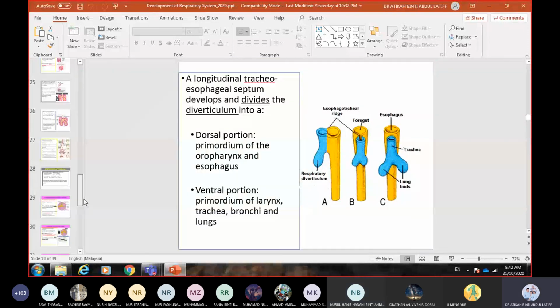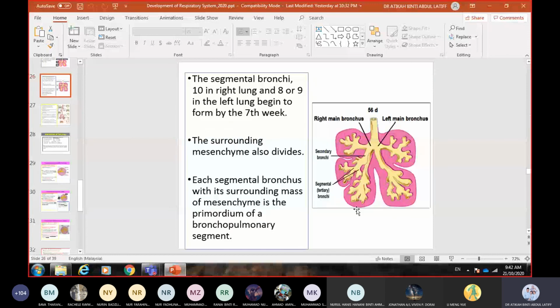It's because of the heart. On the left side you have the heart here, so you cannot afford to have a big lung as compared to the right side. On the right you don't have the heart, so you can fill the whole cavity with the lungs. Okay, thank you, doctor.